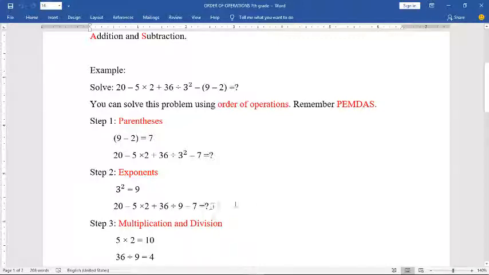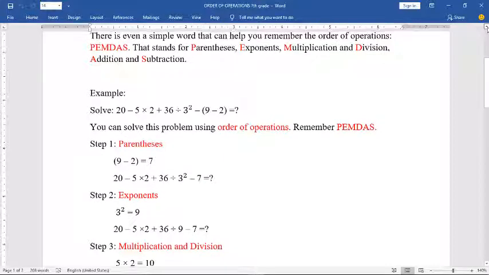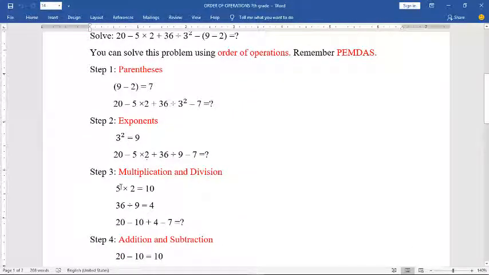And the third step is multiplication and division. That might happen, guys. We might have a division problem first or the multiplication problem. Anyway, we have to solve from left to right. In this case, we have the multiplication problem first and the division problem comes after. It's not a problem. We solve from left to right. We solve the multiplication first because we find it first. 5 times 2 is 10.